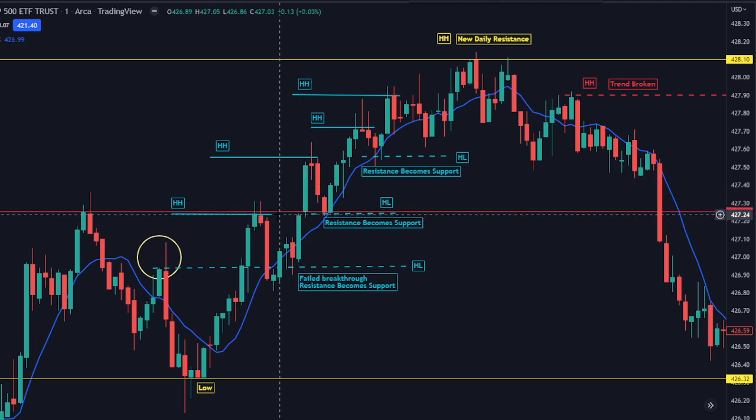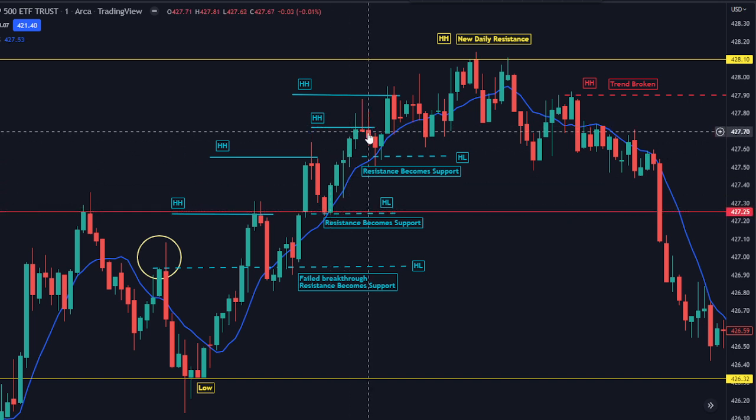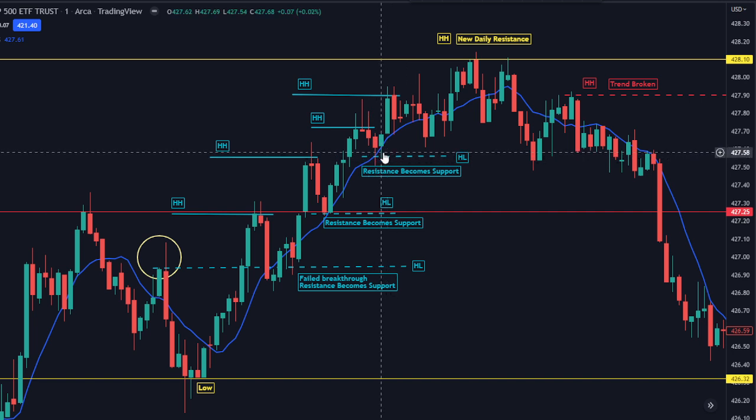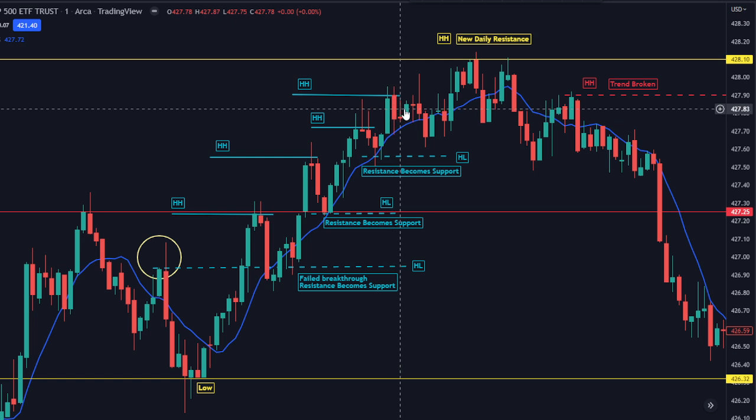So I'm keeping a runner. It bounced. If we close below this, where this resistance becomes support, I'm out of the runner, but it bounced exactly where we expected it to bounce. Then we ran up. It bounced exactly where we expected it to bounce, and we ran up. And now I'm probably closing my runner out.